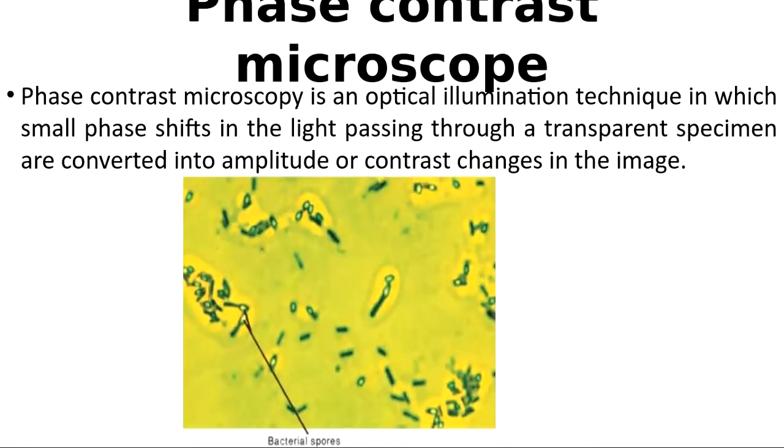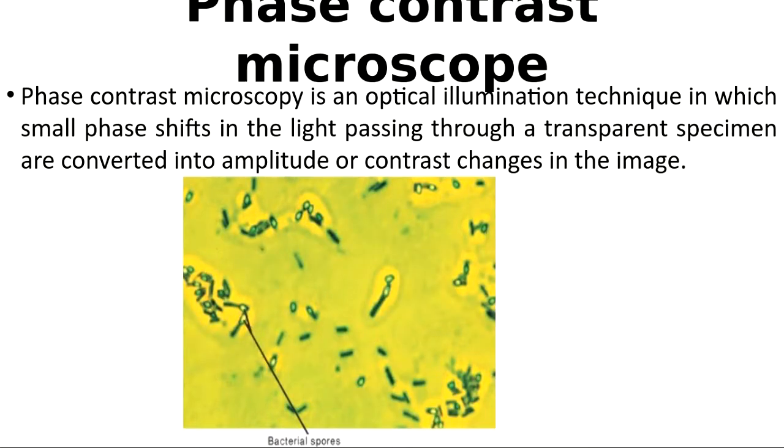Now, what is phase contrast microscopy? Phase contrast means it has to be in contrast, then only you can see under the microscope. It is an optical illumination technique in which small phase shifts in the light passing through a transparent specimen are converted into amplitude or contrast changes in the image.